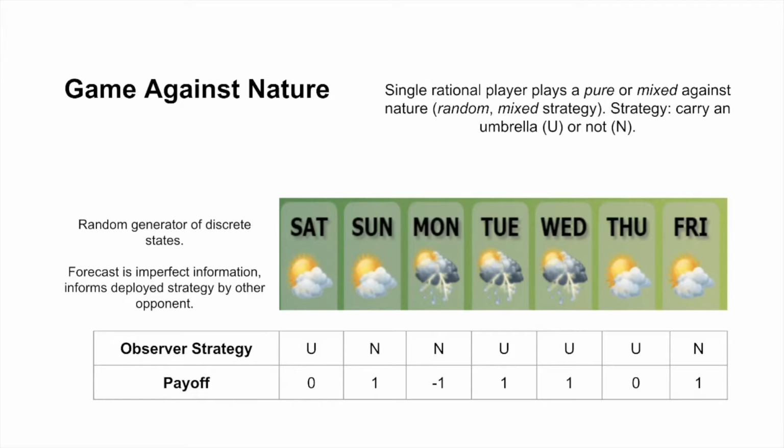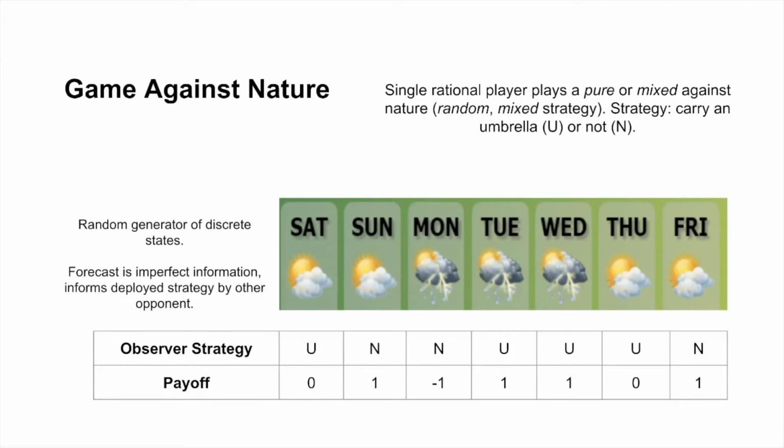So you can see that the observer strategy here is U or N, it's an umbrella or no umbrella. And the payoff is whether you have an umbrella and it rains. If it doesn't rain and you have an umbrella, there's no payoff. And there's a positive payoff if you don't have an umbrella and it's sunny because you don't have to carry the umbrella with you.